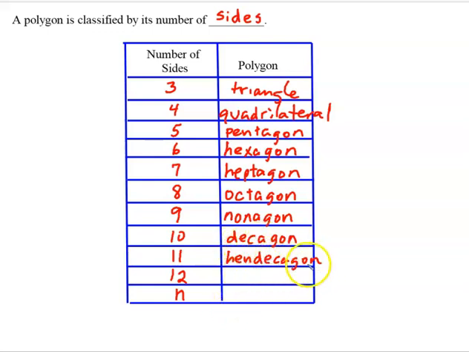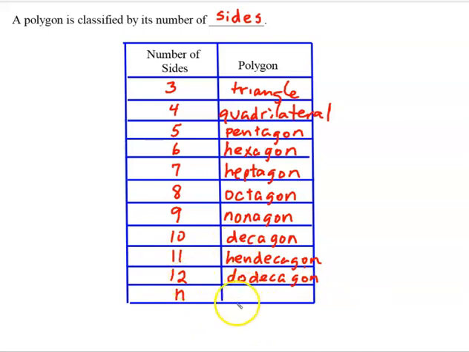You can see decagon in this root, and then when you add hen to it, hen is like saying one more than 10. So they started at 10, and then they just said one more than 10 would make 11. And then for 12, they used do, which is 2, decagon. So it's like 2 more than 10 is 12, and that's a dodecagon.